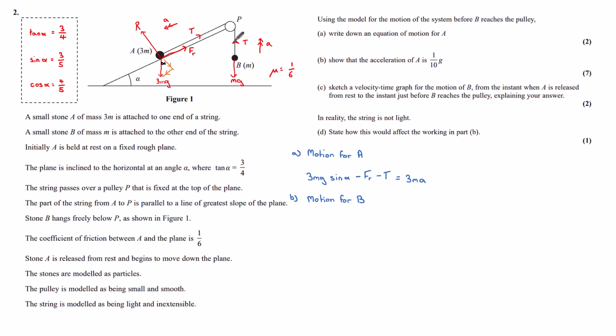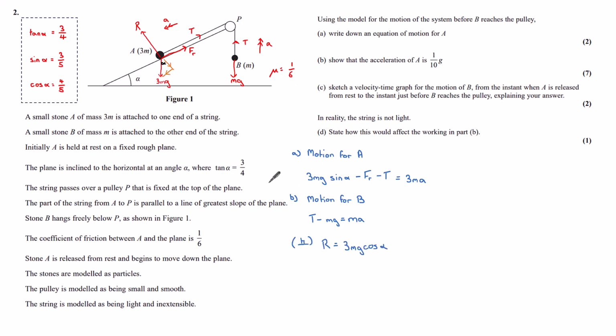B is moving upwards, so its resultant force is T minus mg, and that's equal to its mass, which is m, times acceleration, a. So I have something I can substitute for T, but I would like to be finding friction at some point. So in my mind, I'm thinking, well, friction is mu, which I have, times R, but at the moment I don't have R.